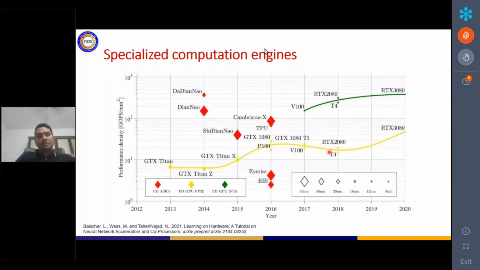So the takeaway is, what is the trend? You can see the trend of different computation engines in terms of GPUs. Here you can see their performance density in terms of GOPS per millimeter square, and also the systems that are available with different feature map sizes. Okay, so higher compute density will be achieved by lower feature sizes. That is the intuitive idea that is very easy to understand, right?